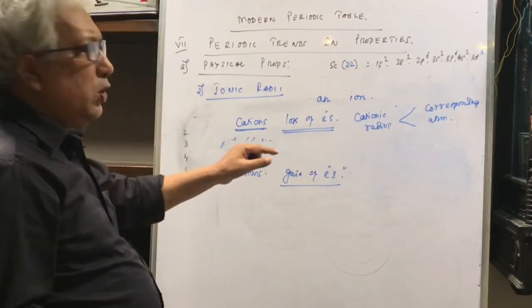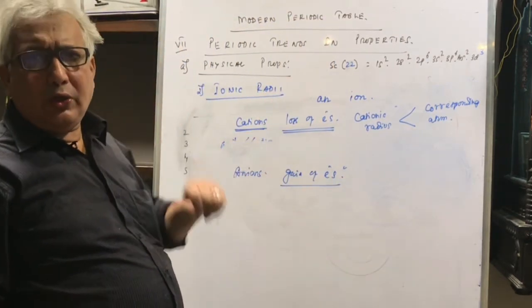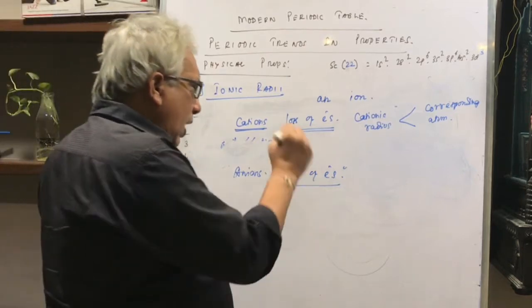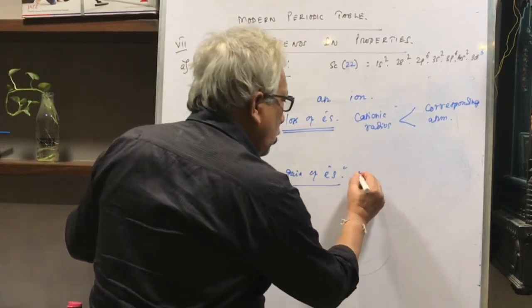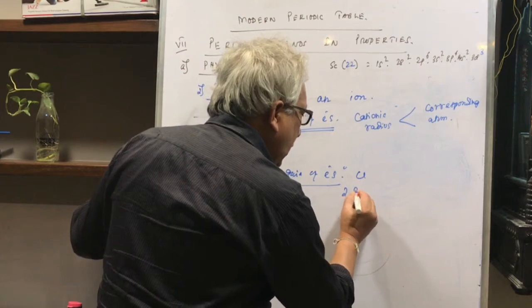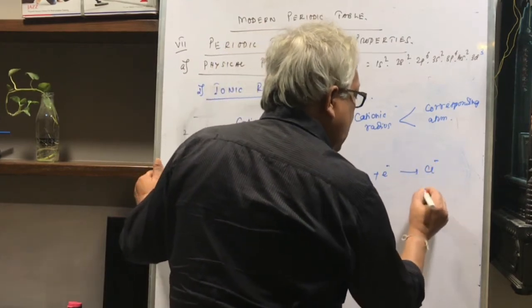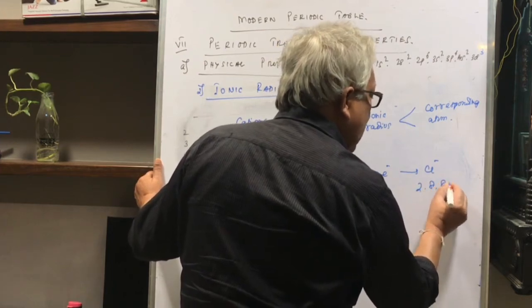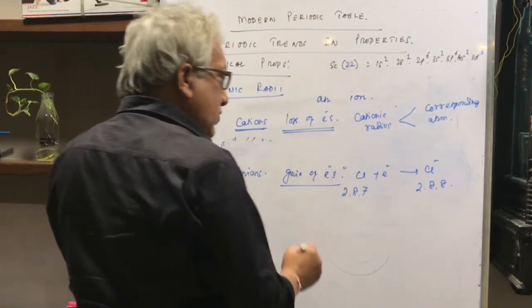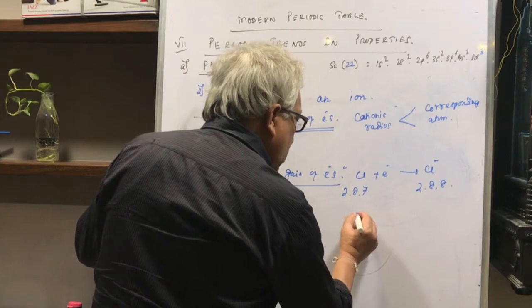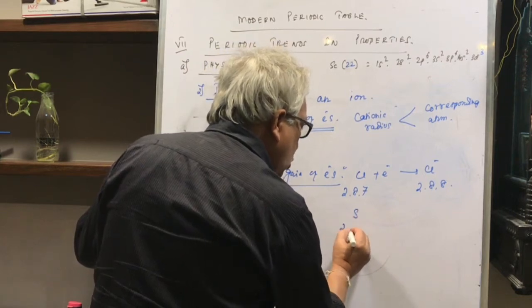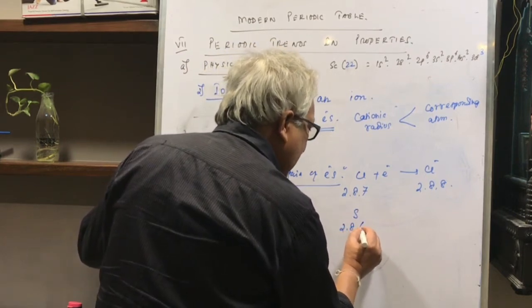Anions are formed due to gain of one or more electrons. Let us see what happens in the case of chlorine. 2, 8, 7. It has gained 1 electron to become Cl minus, and now it is 2, 8, 8. If you think of sulfur, sulfur is 2, 8, 6.